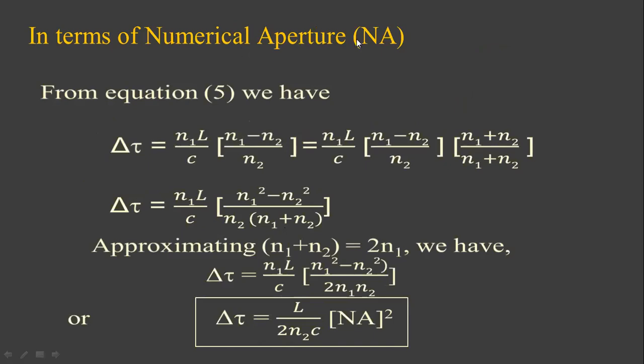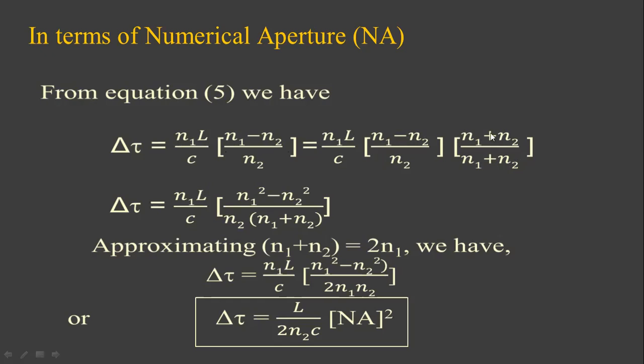Now in terms of numerical aperture, equation 5 we will write this way. It was N1 by N2 minus 1, which you write as N1 minus N2 by N2, and this is equal to N1 into L by C. Here we are multiplying and dividing by N1 plus N2.